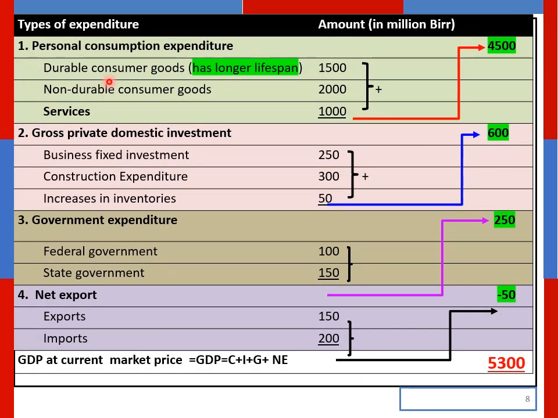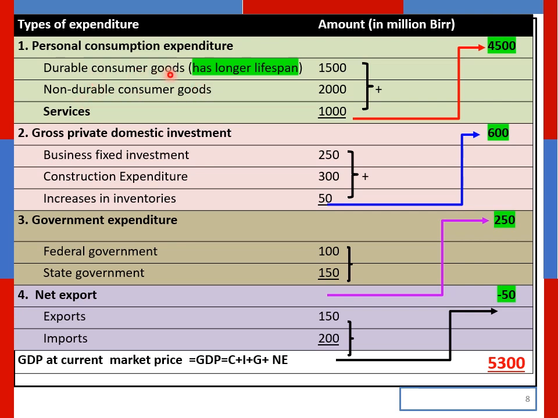Let's see by taking some examples in order to clear the above formula of the expenditure approach. So this is the consumption. We have investment, government expenditure, and net export. What do we mean by the personal consumption? The personal consumption can be what? Durable consumer goods or non-durable consumer goods.